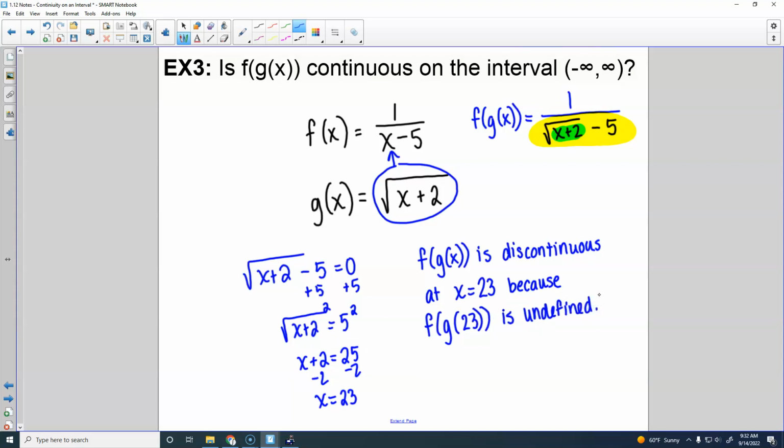If we plug in 23, it is going to give us a 0 in the denominator, making that undefined. So therefore, f of g of x is not continuous on negative infinity to infinity.